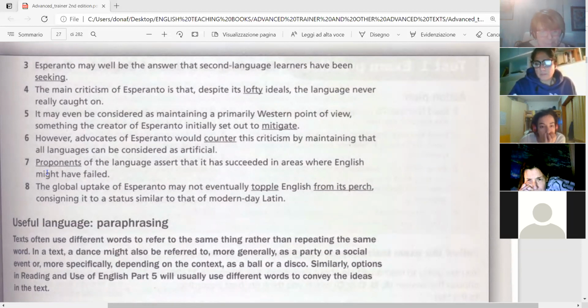What do you think? Would counter. Any idea, girls?